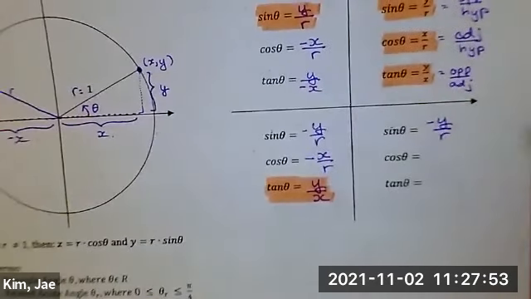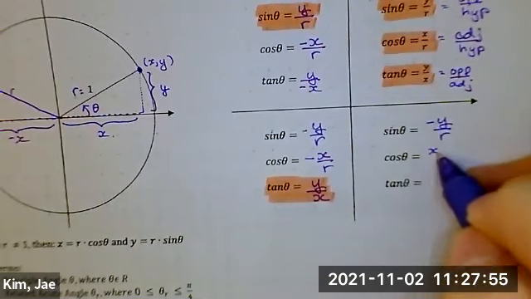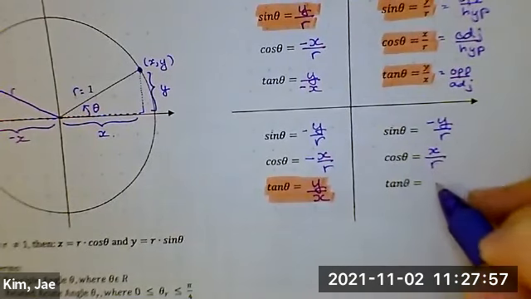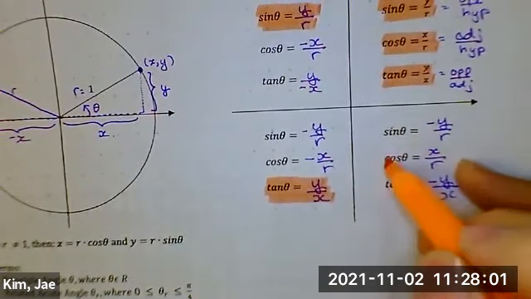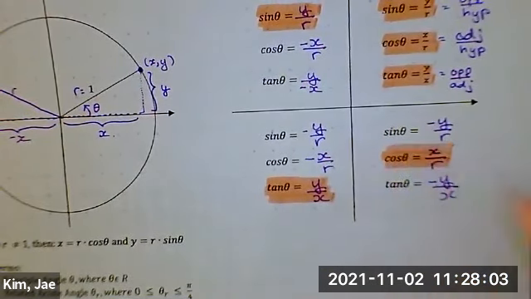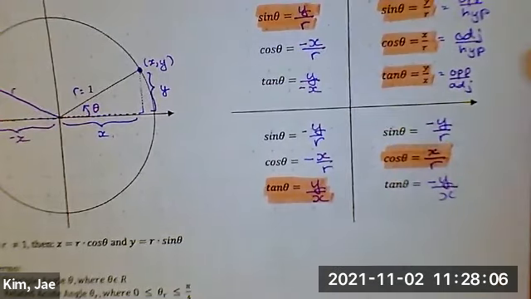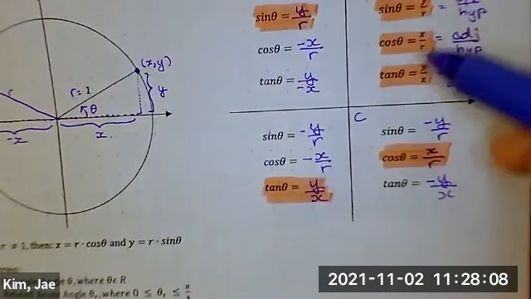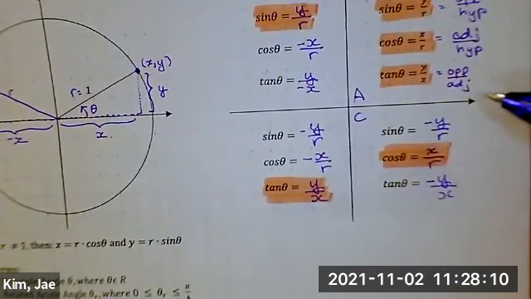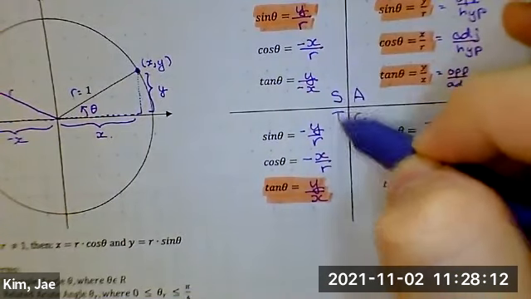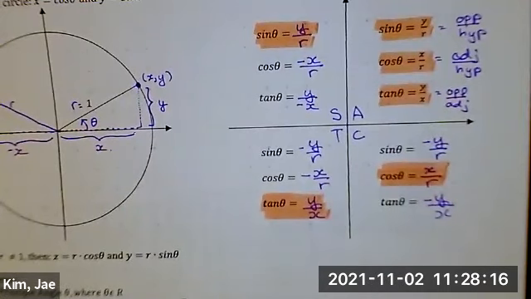Cosine, the x is positive again, so it's positive x over r, and tangent is negative y over a positive x. In the fourth quadrant, cosine is the only ratio that's positive. Therefore, we have C for cosine, A for all, S for sine, and T for tangent. So we have CAST rule.